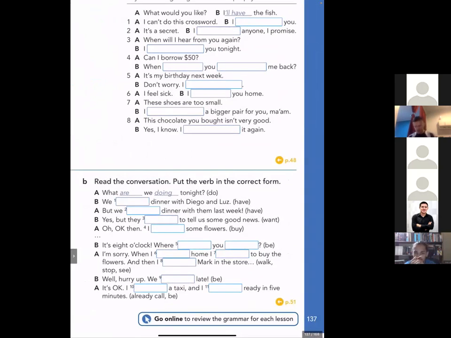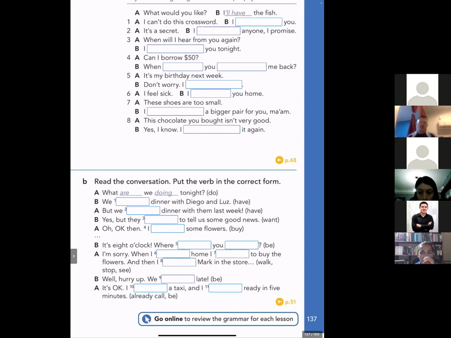We are having dinner with Diego and Luz. Okay, we're having. A, but we had dinner with them last week. Yes, but they want, or you can also say they are going to tell us.